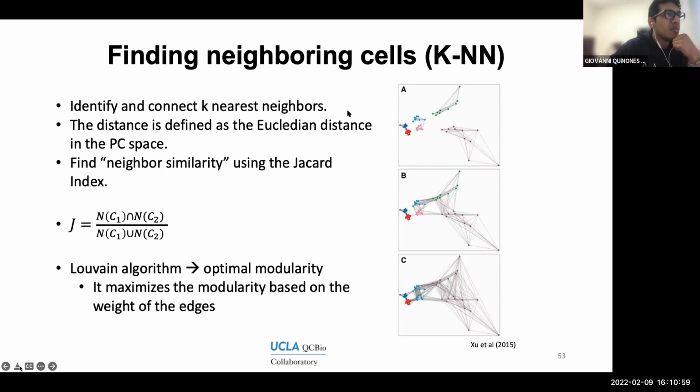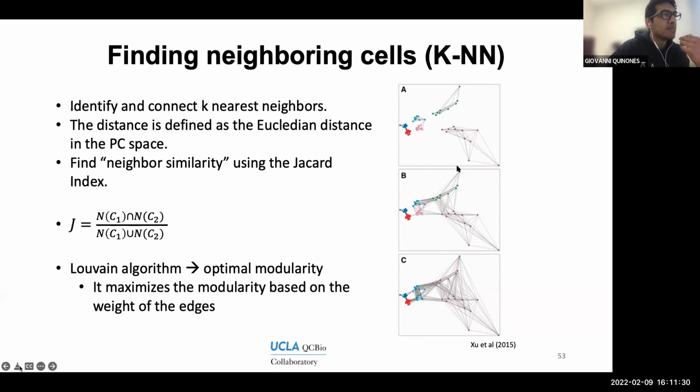So here you have your cells in the PC space, meaning with PC coordinates. You'll draw edges, these lines connecting different cells. For every cell, you'll connect it to the closest 6, or the closest k cells that you defined. And like I mentioned, closest as defined by their Euclidean distance.